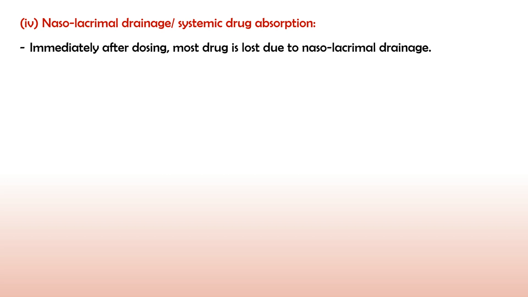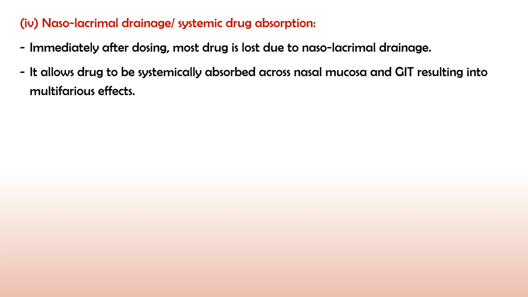So the drug or the solution goes into your nasal passage, and through the nasal mucosa it is absorbed. As nasal mucosa is highly vascularized, 100% of the solution is absorbed, and due to this the drug goes into your systemic circulation. Now once your dose goes into your systemic circulation, it is going to show you some side effects.